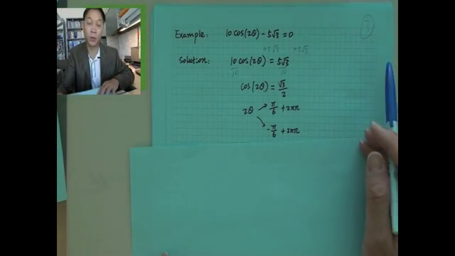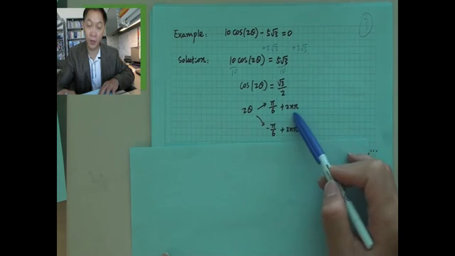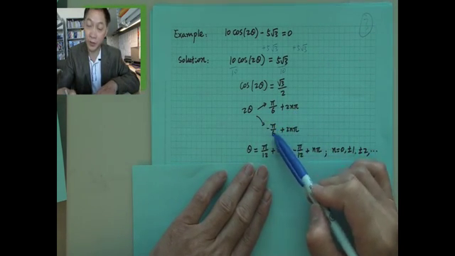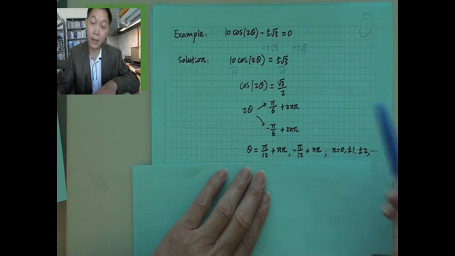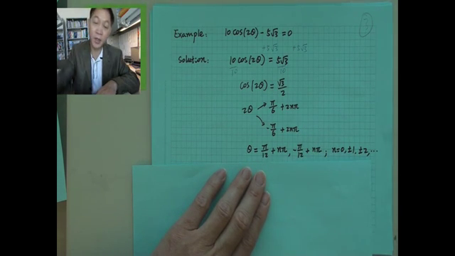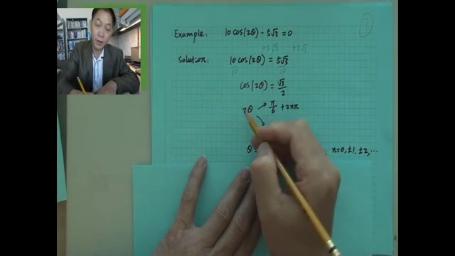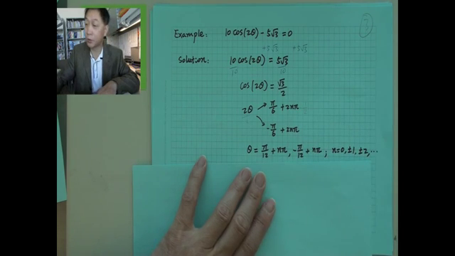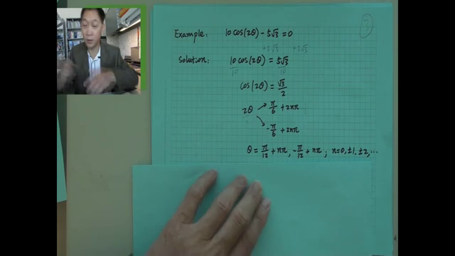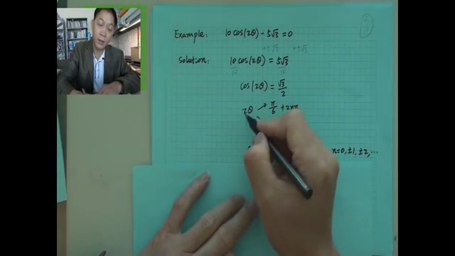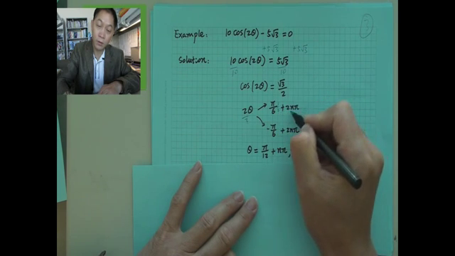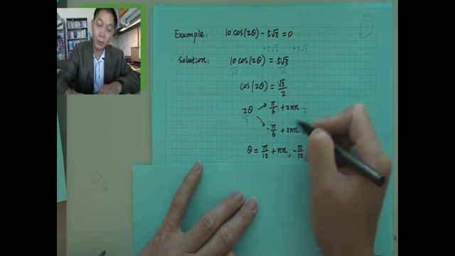Okay. So the solution will be 2 theta equals this one, and 2 theta equals this one. Again, here's 2 theta equals that. If you divide by 2 to all of them, let me use a pen instead of pencil. Okay, you divide by 2.